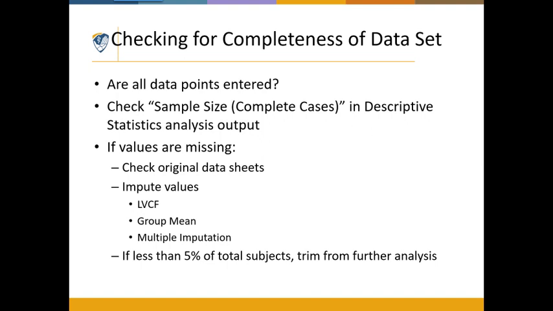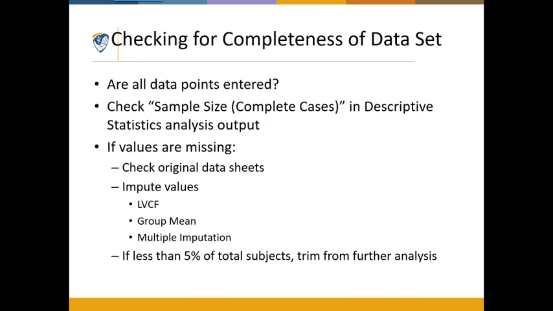In the Intellectus output, it's identified as your N, or the number of people, and you want to match up the value you're presented with in the output with how many you expect to see, and that will immediately tell you if you have any missing data points. Obviously, you can also scan the raw data to see if there are cells that are empty, that don't have a data point, whether that's a quantitative point or a qualitative point.